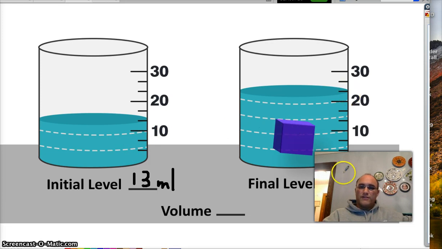So the cube has to be the difference between 13 and 23. Well, the math on that's pretty easy. 23 take away 13, yeah, that should be 10 milliliters. And let's check. 10 plus 13 equals 23. And yep, that's 23 right there. Okay, I think we've got it.